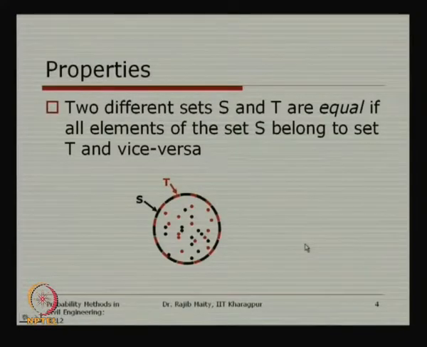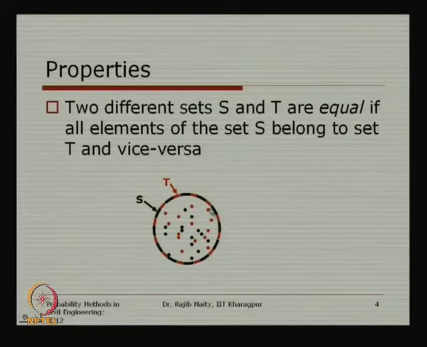There are different properties that we will see now one after another. The first is when we say two sets are equal. Two sets are equal if all the elements of one set belong to the other set and vice versa. In this pictorial representation, there are two sets. One is drawn by the red circle and another one by the black circle.